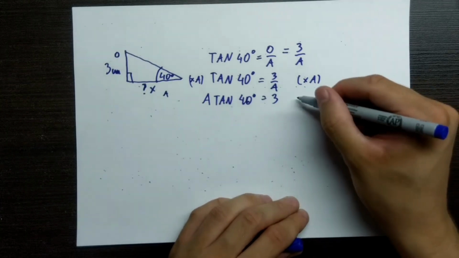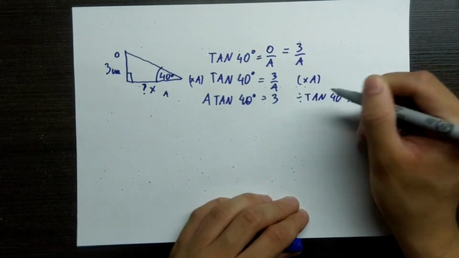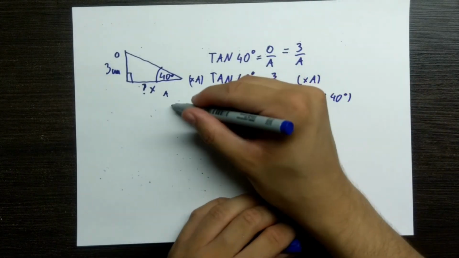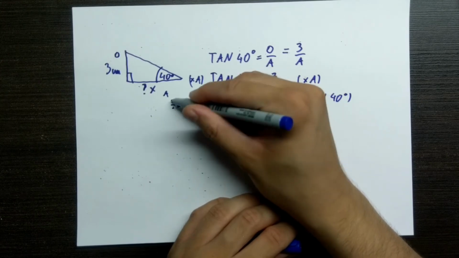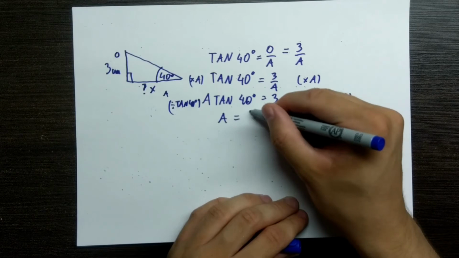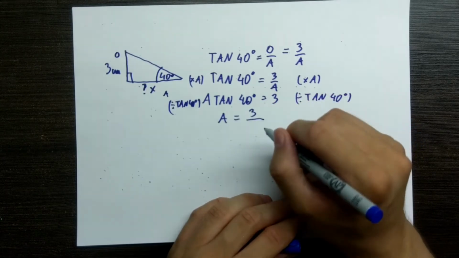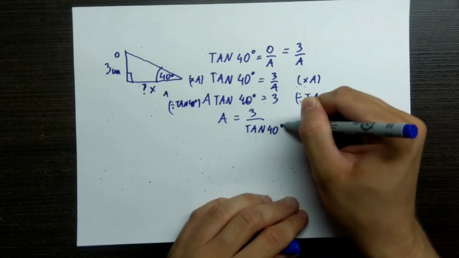And the second step is to divide both sides by tan 40 degrees. Okay, so now we have a is equal to 3 divided by tan 40 degrees.